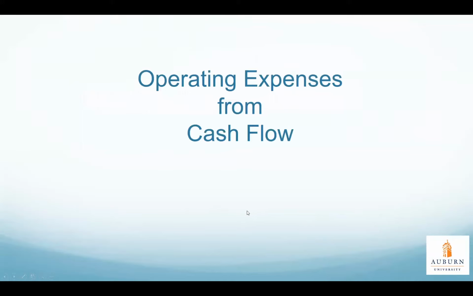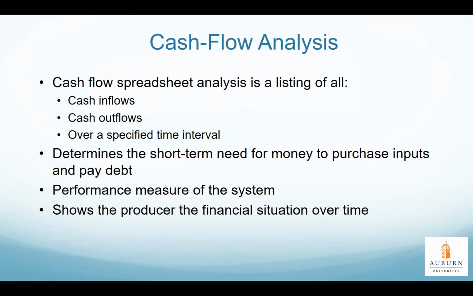So those were our fixed costs. Now we're going to look at the cash flow. We take the physical quantities that we measure and we multiply it by unit price to come up with the dollar values. And in the cash flow, you'll see we do it on a monthly basis. So it lists all of the cash inflows.